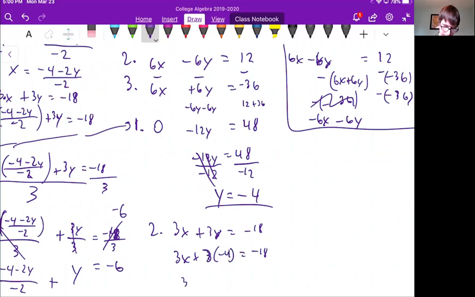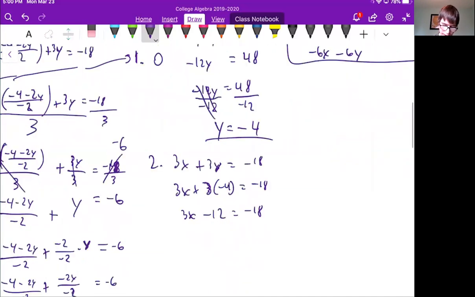And we'll get 3x minus 12 equals -18. Add 12 to both sides, and we get 3x equals -18 plus 12, which is -6.